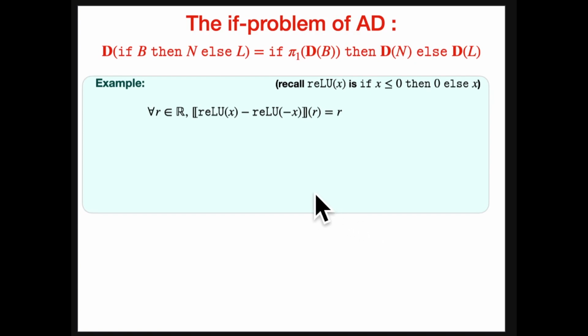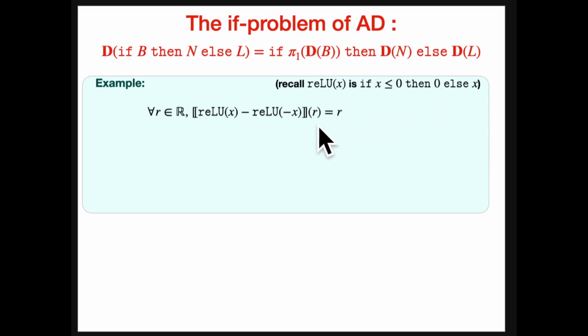So let us see an example. By using the conditional of PCF, you can express the rectified linear unit, ReLU, which is a basic activation function in deep learning, corresponding to the identity on the positive real line and to the zero constant on the negative real line.